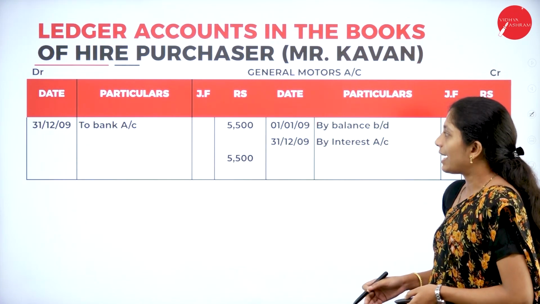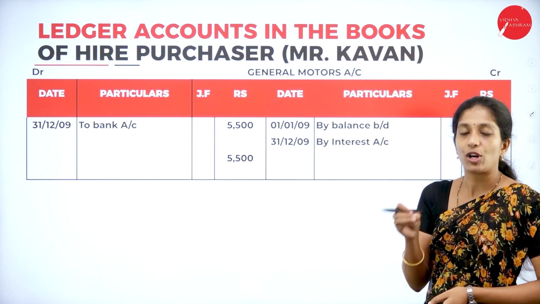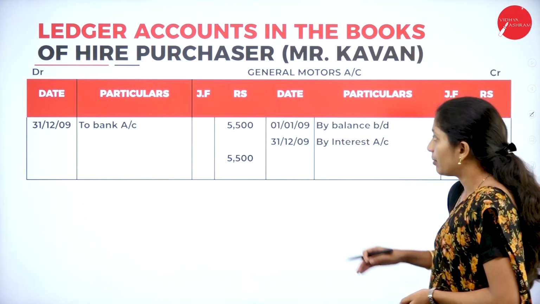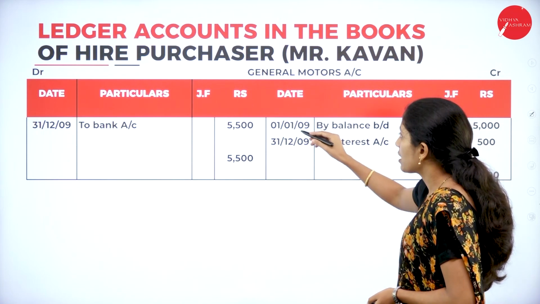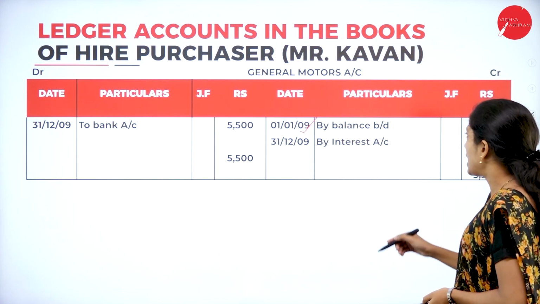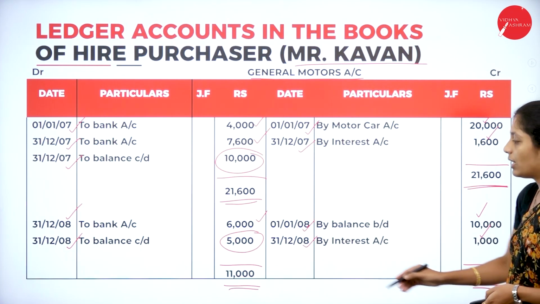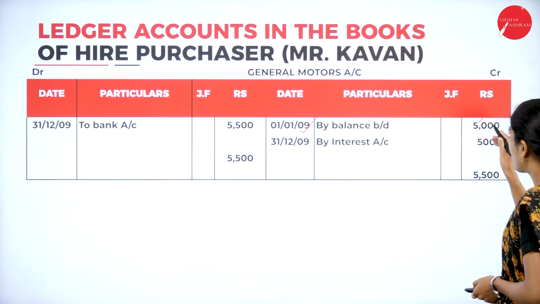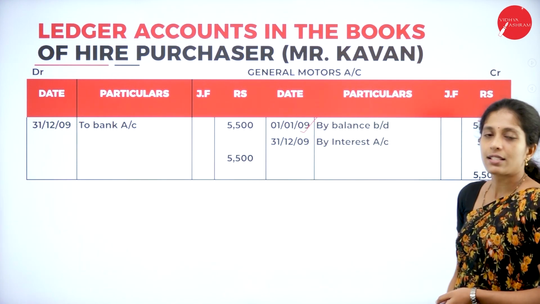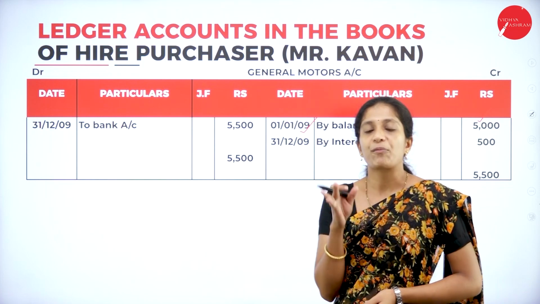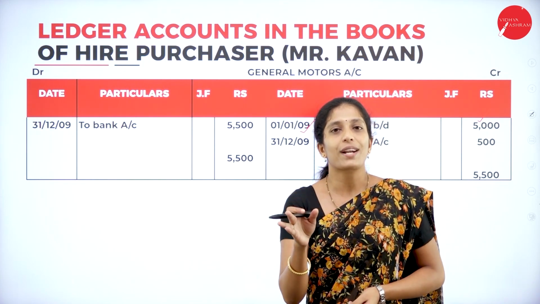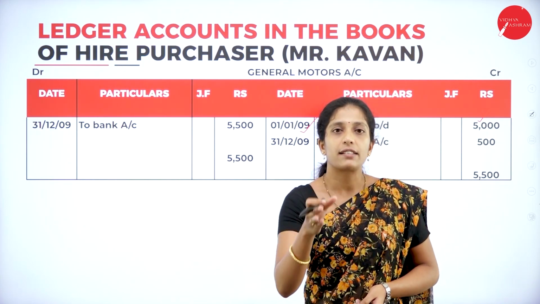Now moving on to the last year. Whatever amount you carried down in the previous year, bring down that amount first. That is 1/1/09, by balance brought down, 5,000. Bring down that balance of 5,000. Next, as usual, except for the first year, in the rest of the years you don't have asset purchase as well as down payment.